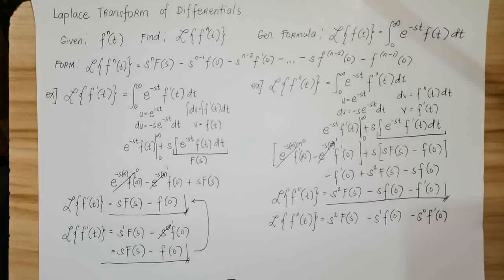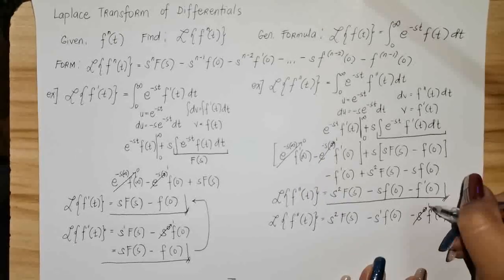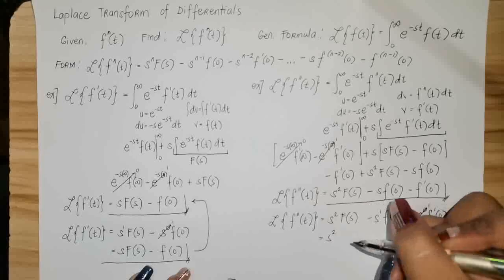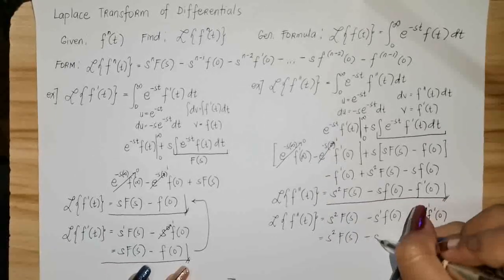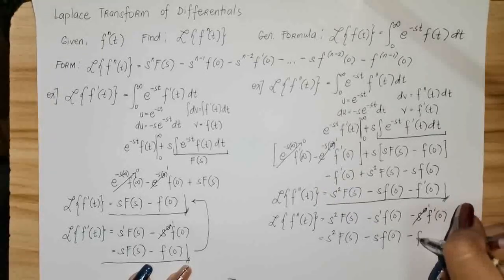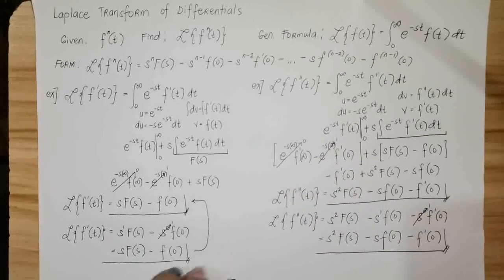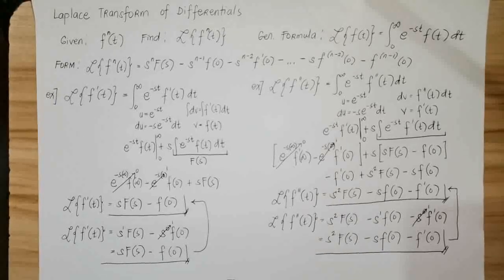Okay. So you will have s squared F of s minus s f of 0 minus f prime of 0. So if you will notice, you have the same answer.